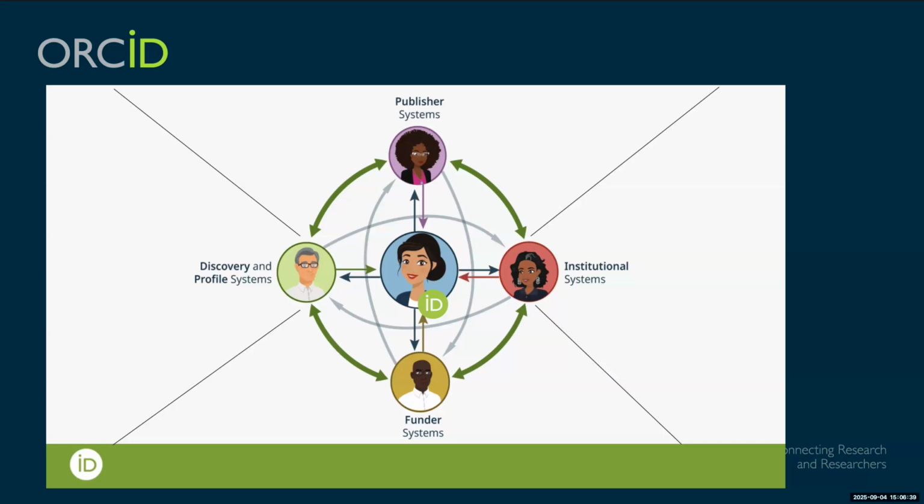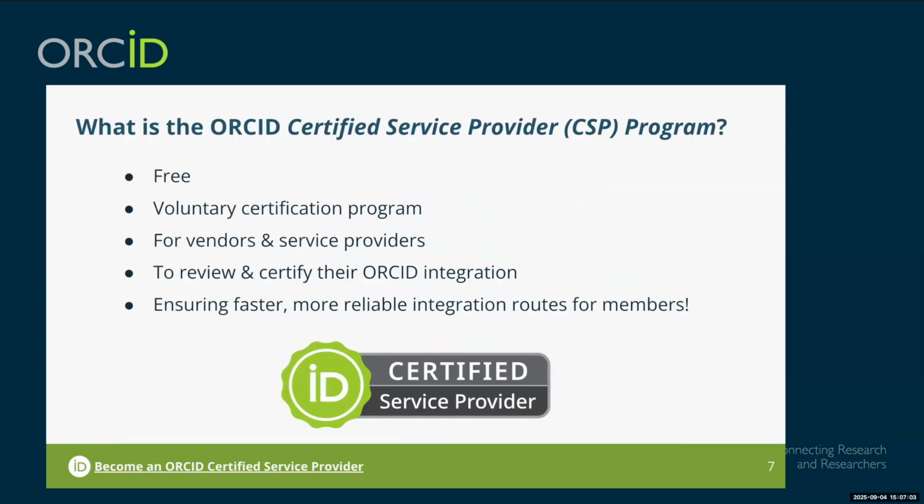So Malena will be speaking a little bit more about how Pure contributes to ORCID records in her presentation. But you can see that all of these different systems interact with the ORCID registry and exchange data back and forth. So again, saving the researcher time and effort, but also saving the system vendors time and effort from having to build many different integrations within their different systems.